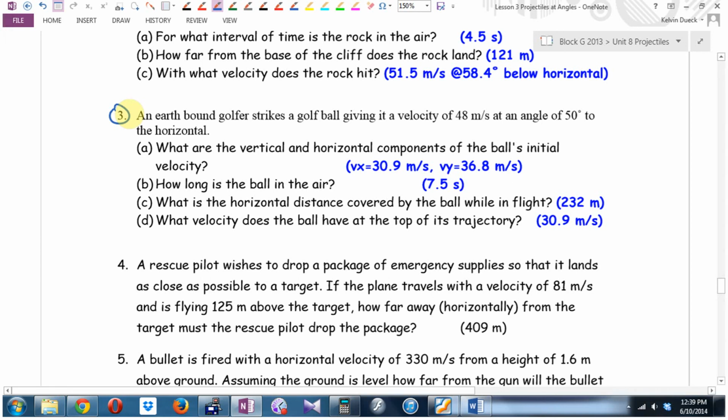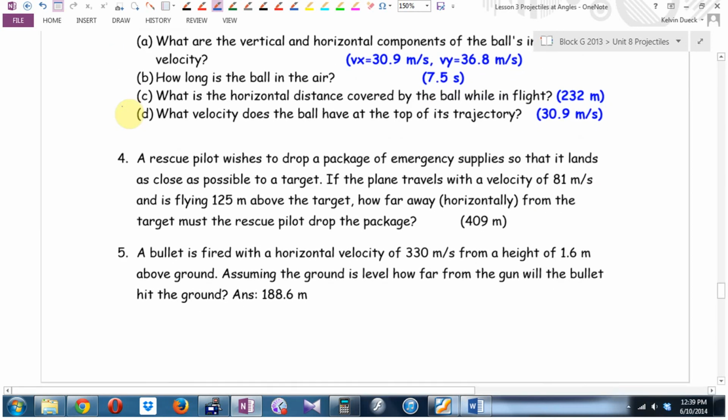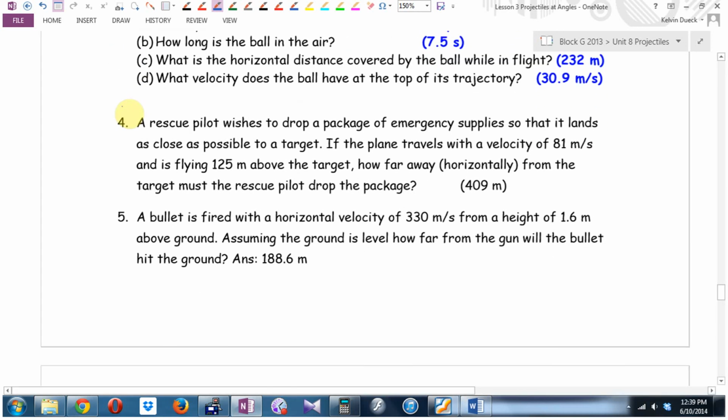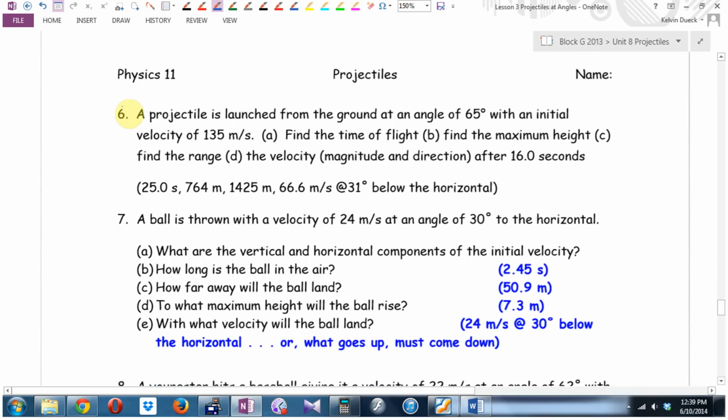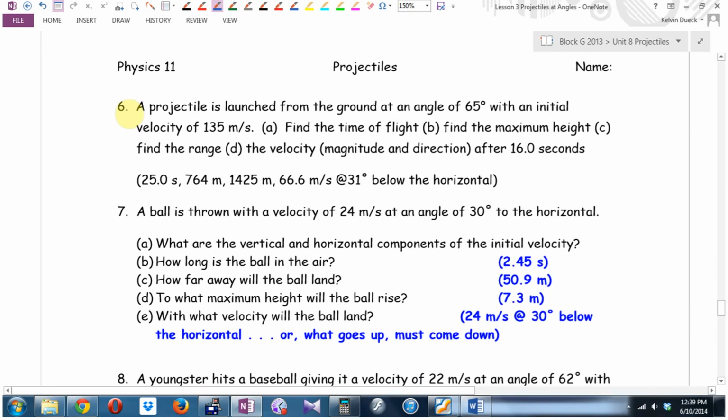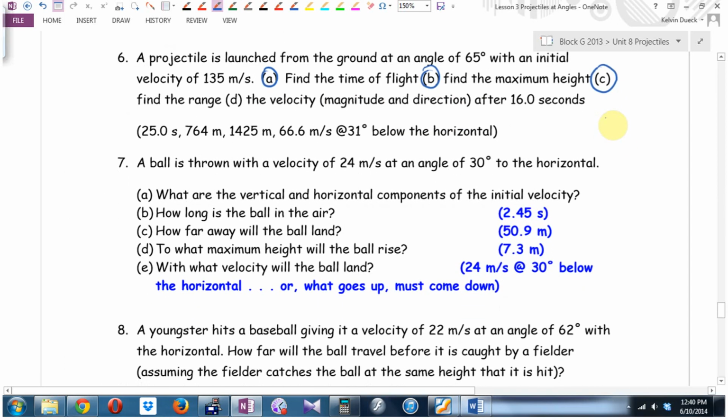Okay, I borrowed this from another teacher, and there were hidden characters, and sometimes they would print and sometimes they wouldn't. Six A, B, and C, but not D. Seven is good.